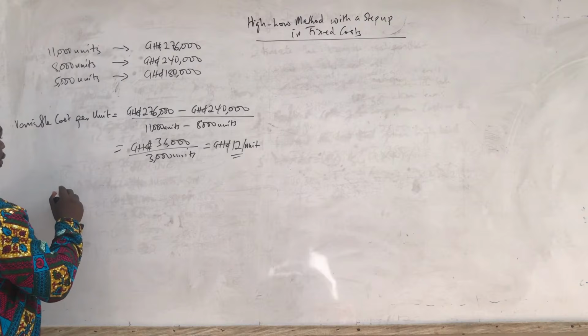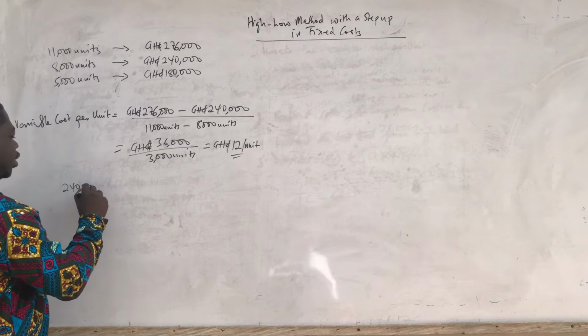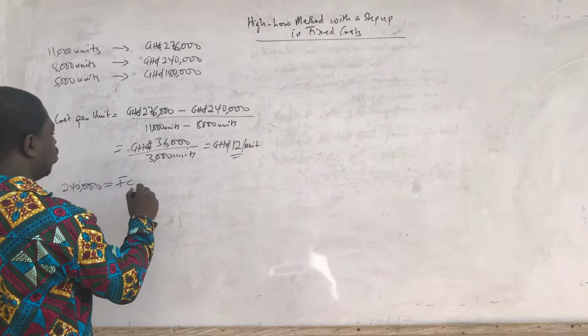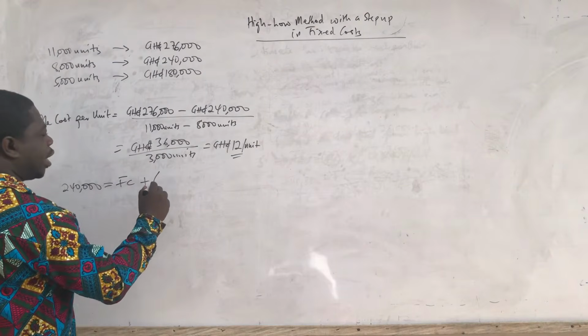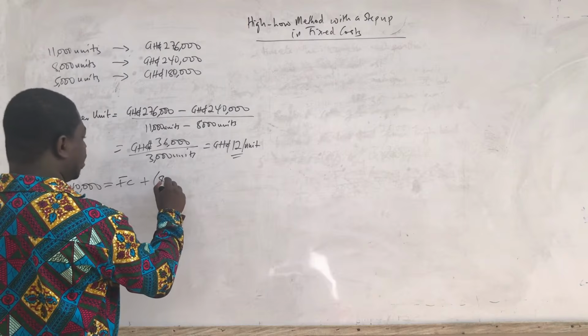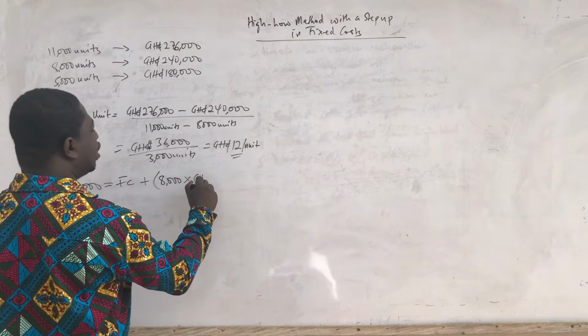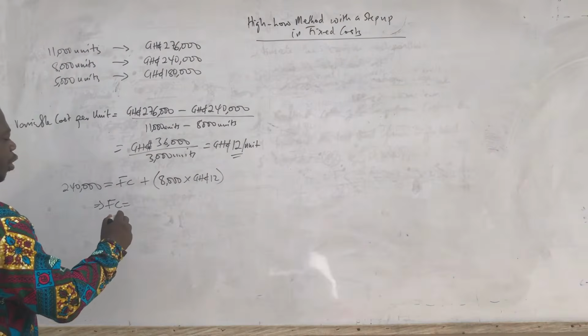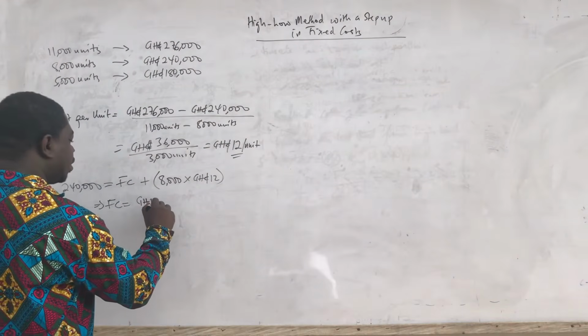And so I'll have 240,000, which is total cost, equal to the fixed cost, which we don't know, plus a variable cost, which comprises quantity of 8,000 and a variable cost per unit of 12 cedis. And when we do, our fixed cost will be equal to 144,000.